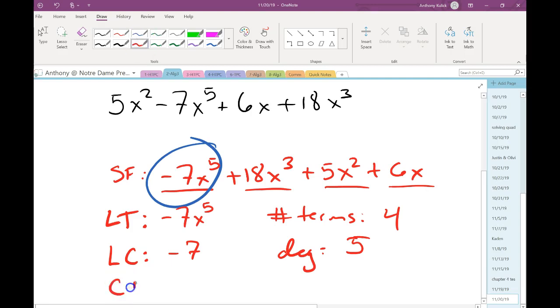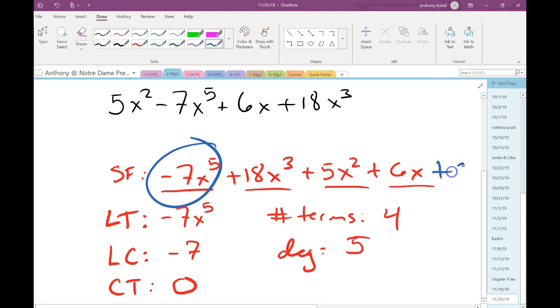And what's the constant term here? The constant term. There isn't one, so we'd write 0.